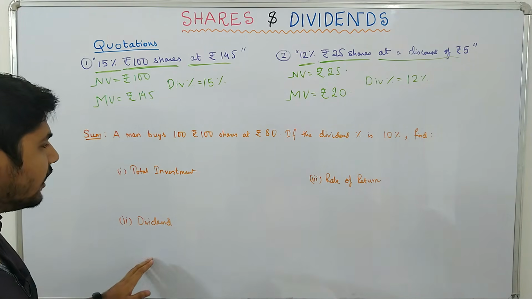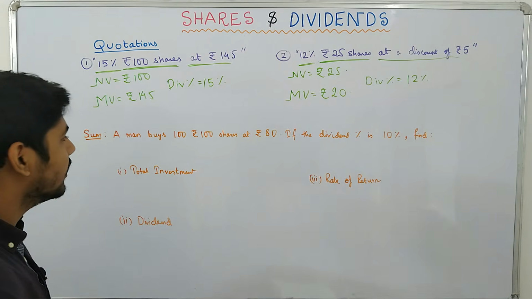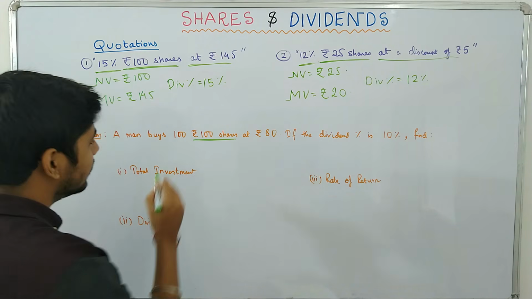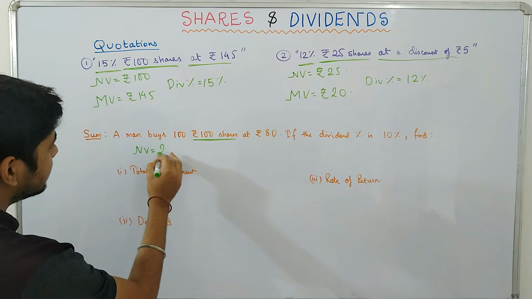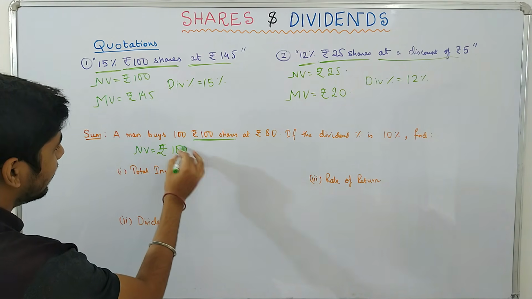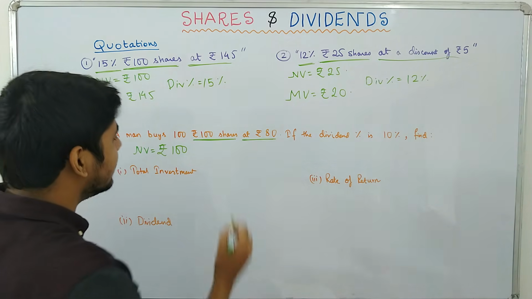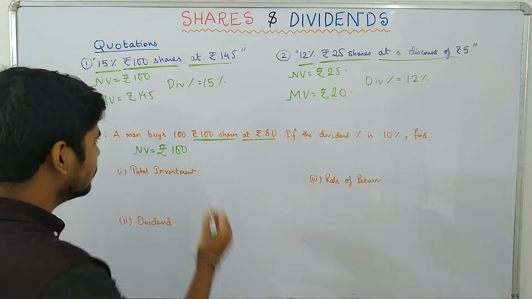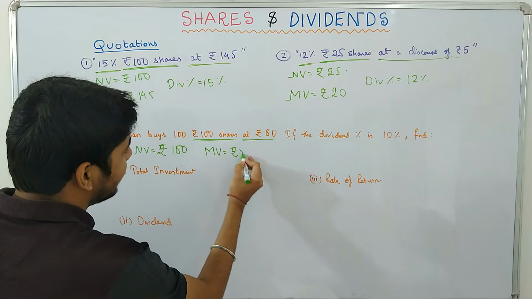We know the formula of all the three things. Let's first reduce the values. Over here we can see rupees 100 shares. So we can simply write the nominal value is equal to rupees 100. Then we have at rupees 80. That means rupees 100 shares are selling at rupees 80. So the market value MV is equal to rupees 80.